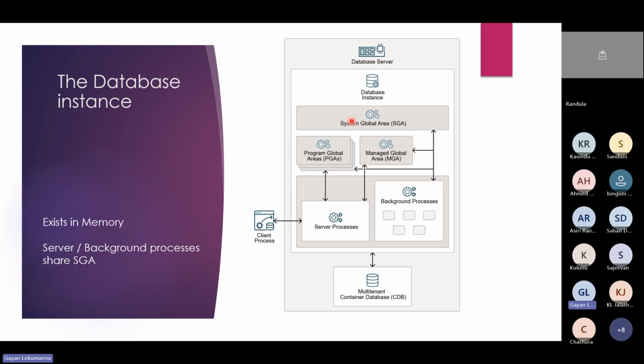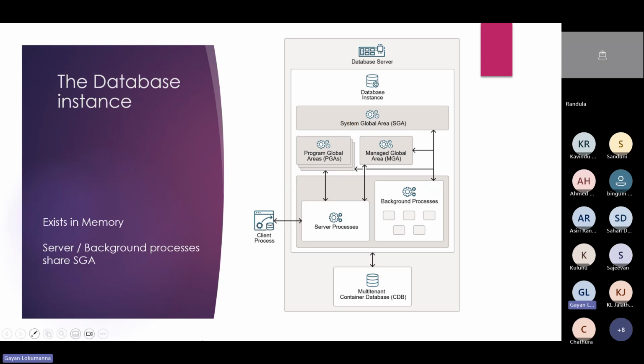But you may have another environment with hundreds of pluggable databases attached to a single container database, which we call the multi-tenant database. Still, you'll be using one single instance. So regardless of the number of pluggable databases in a container database, you'll only have a single instance per container database. That's what I want to highlight here.